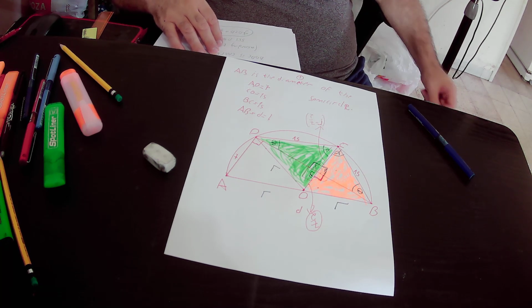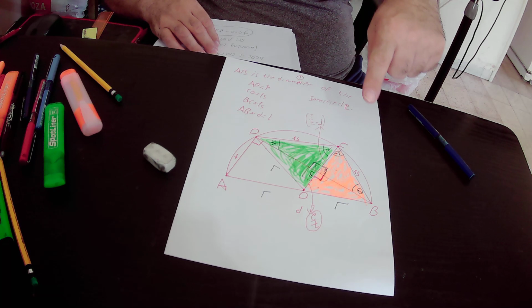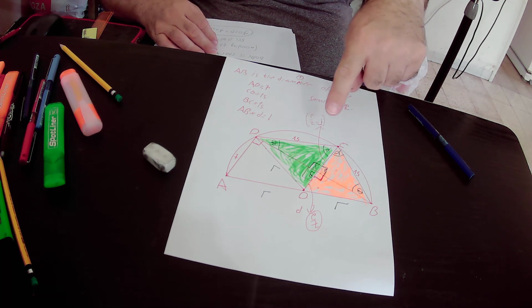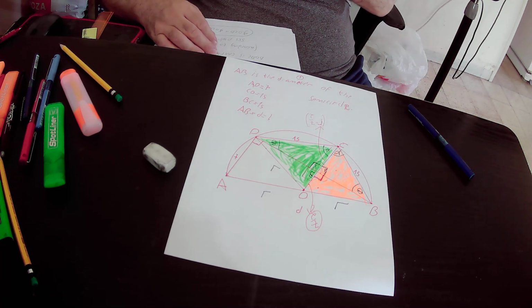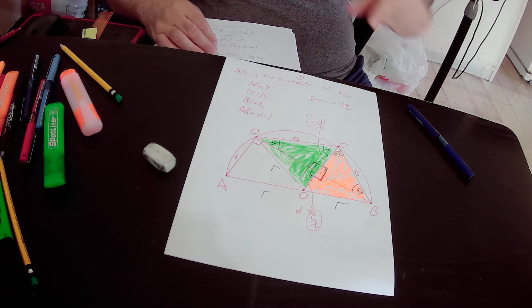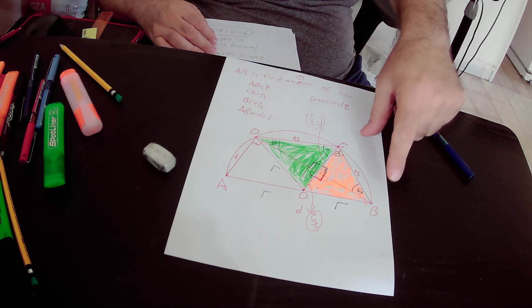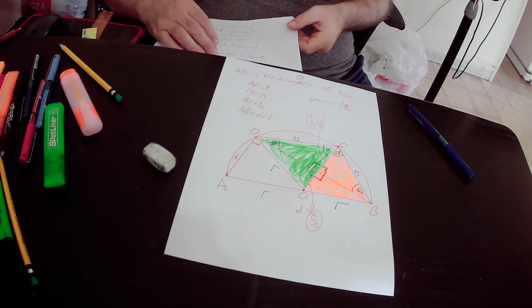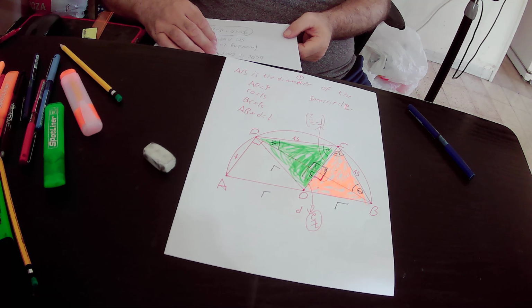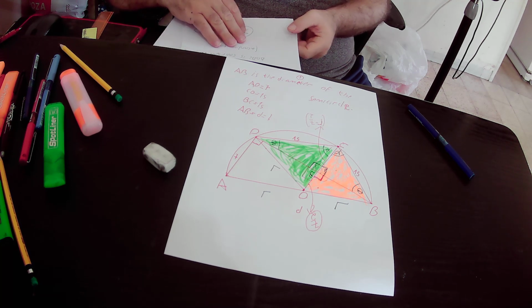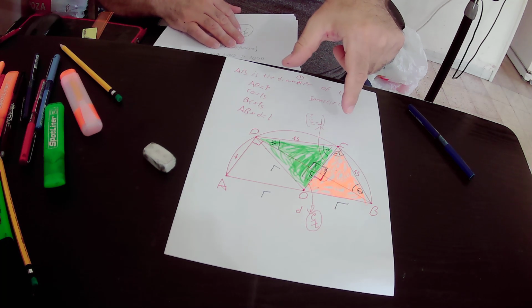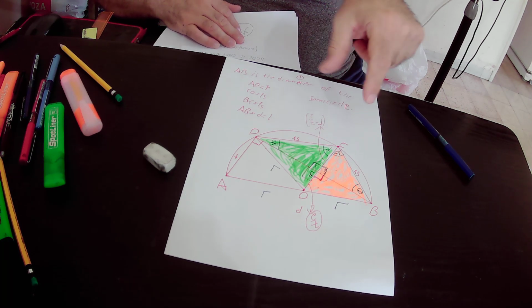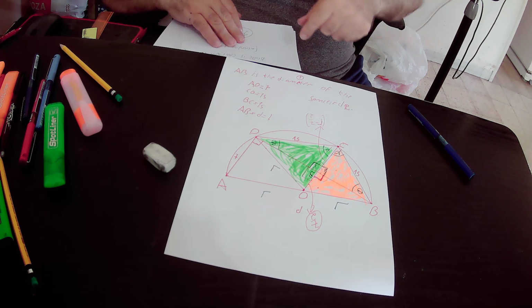Okay, then we focus on the green triangle, triangle OCD, and on the orange triangle, triangle OCB. We know that DC equals CB equals 15 units. It is given in the question. So DC in the green triangle equals CB in the orange triangle.